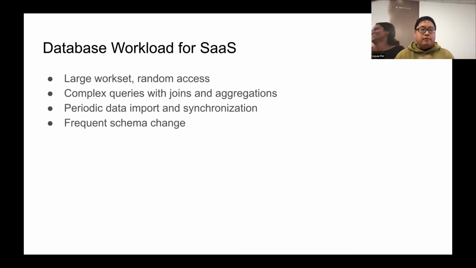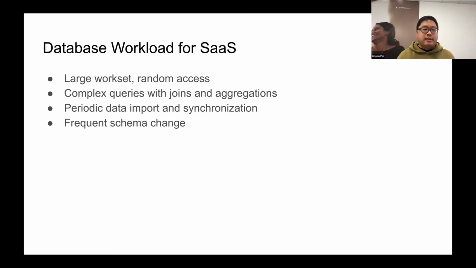So in summary, if you look at the database workload for SaaS, it has a relatively large working set. If you are familiar with databases, the working set is really how much data is touched by a certain query. And a lot of single node databases are built on the assumption that the majority of the working set needs to be in memory so that they can be efficient.